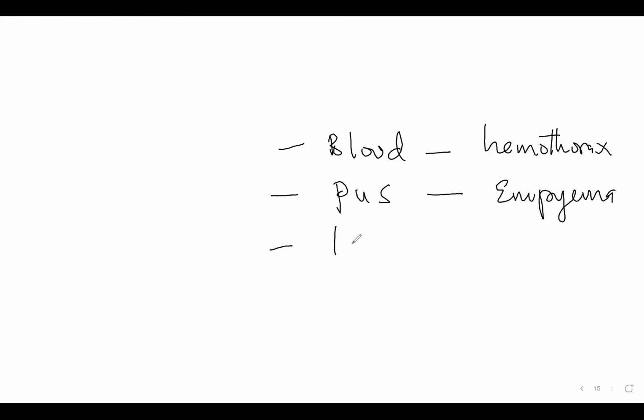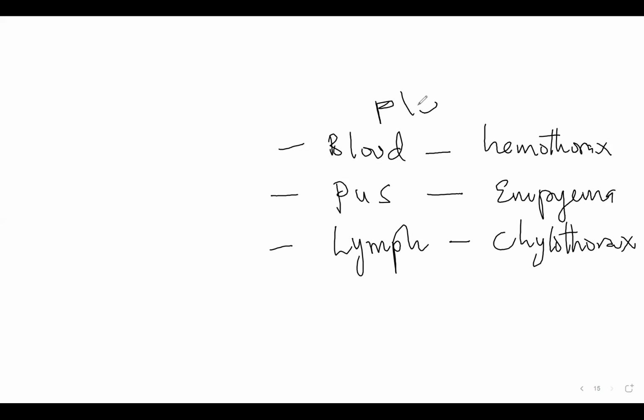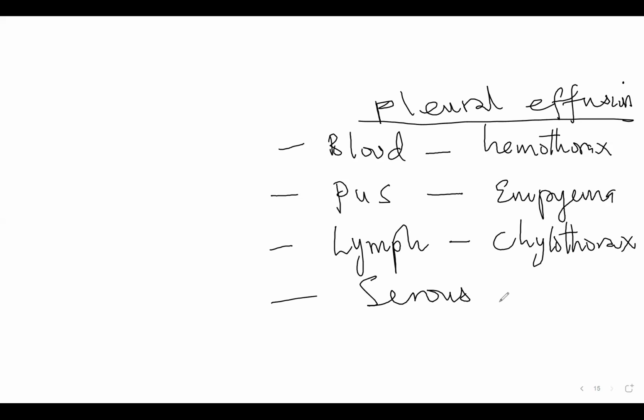It could be lymphatic fluid, that is chylothorax. Okay. So all in all, they are what? Pleural effusion. In fact, you might just have serous fluid, which could be from infectious causes or from malignant deposit on the pleura.